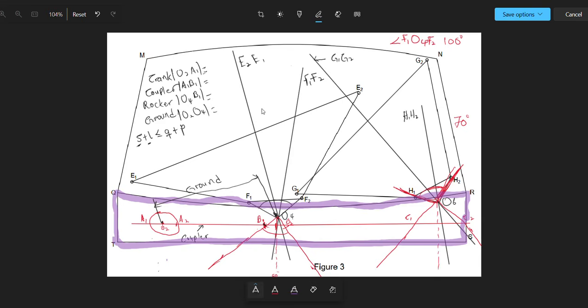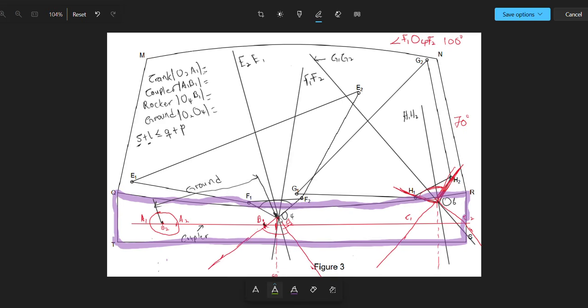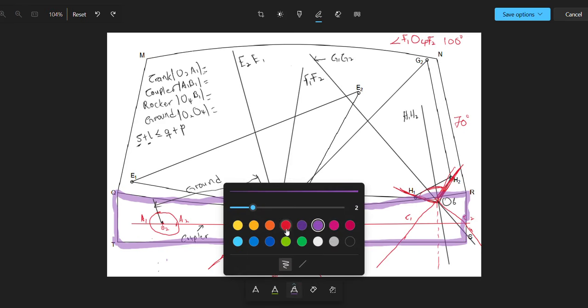Okay, so let's go to F. You see, measure the distance from O4 to S. So from O4 to S, you measure this length. Let me use a different color. Let's use red.